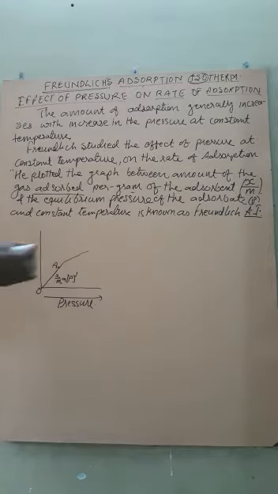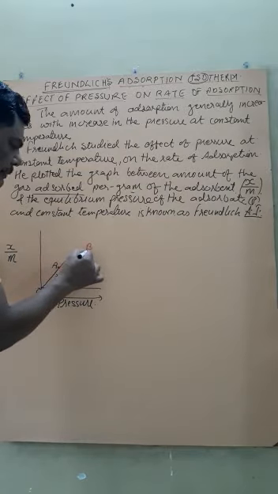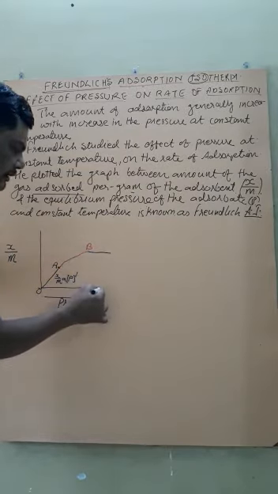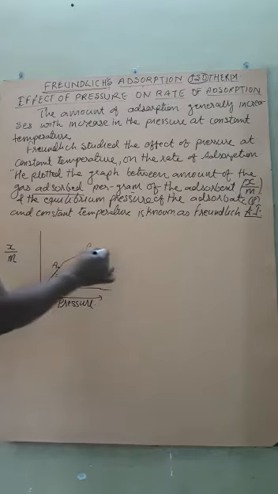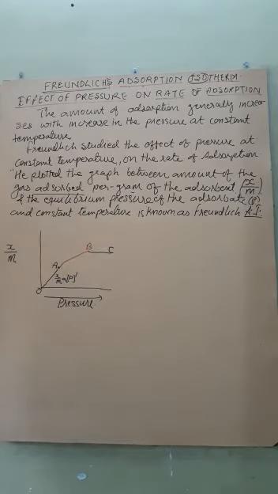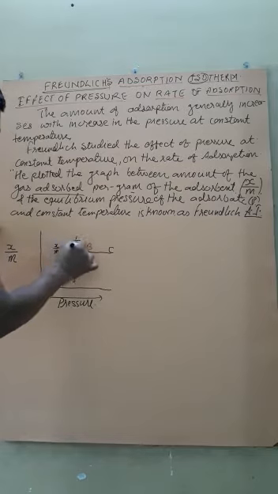It is denoted by A and B. And when more and more pressure of adsorbate is increased, now there is point C. From A to B, the rate of adsorption, that is x by m, is directly proportional to P, but not with power 1, it is with power 1 by n.